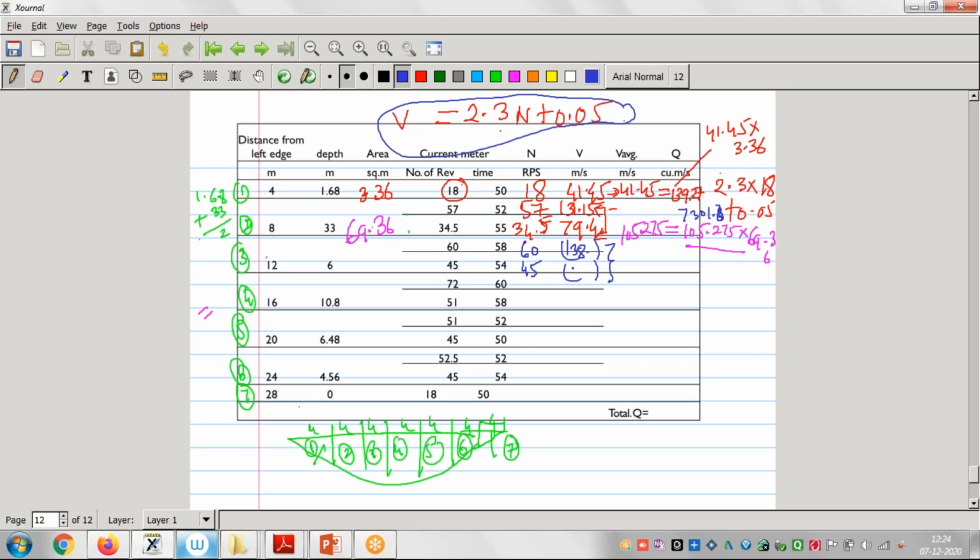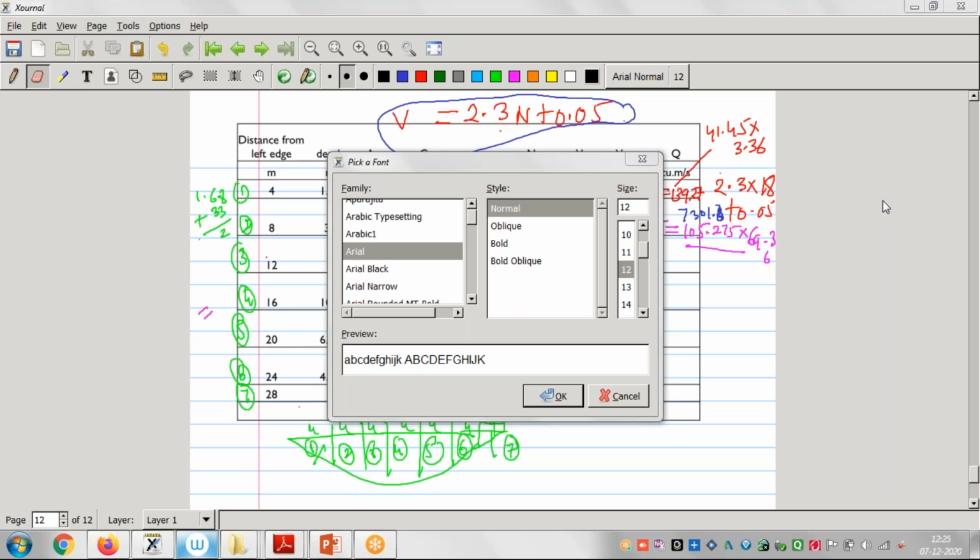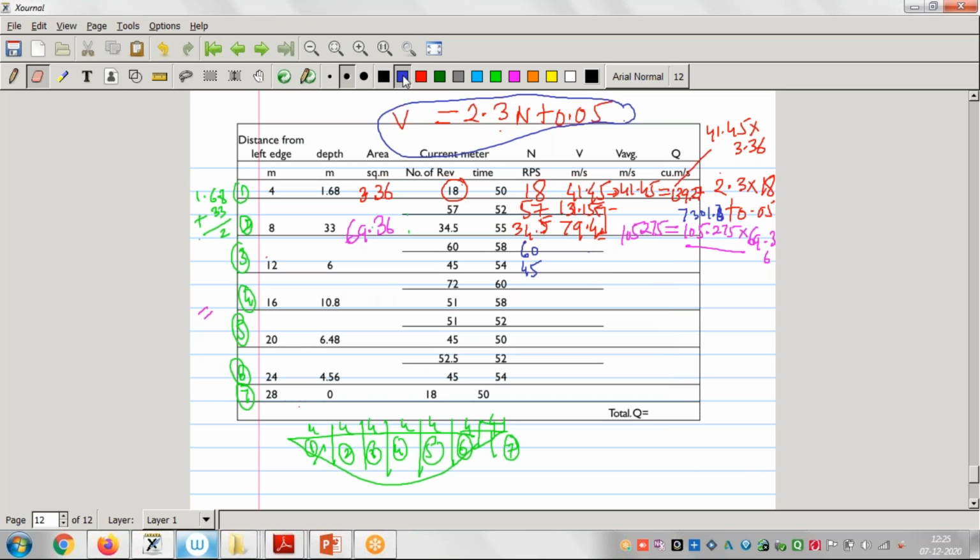What is this? 2.3 multiplied by 45 plus 0.05. 103.55. Okay, so here you will get 103.55. Here I am writing 138.05, and here you are getting 103.55.